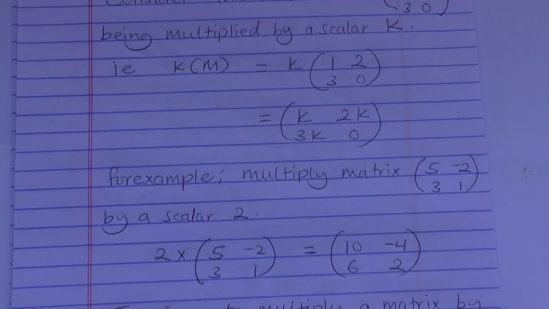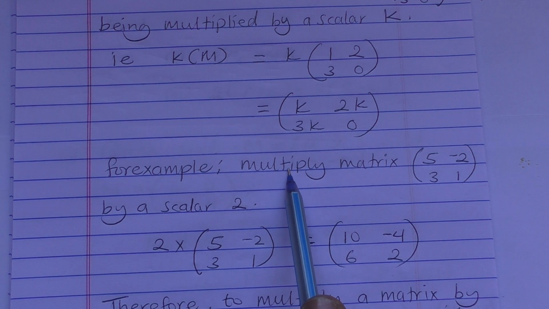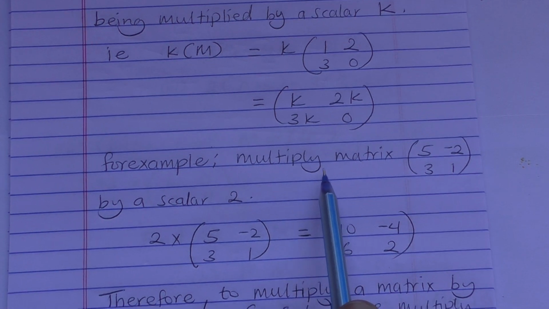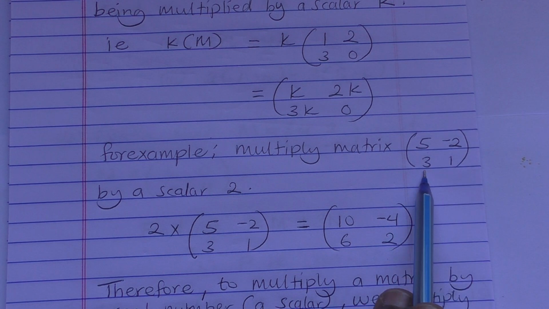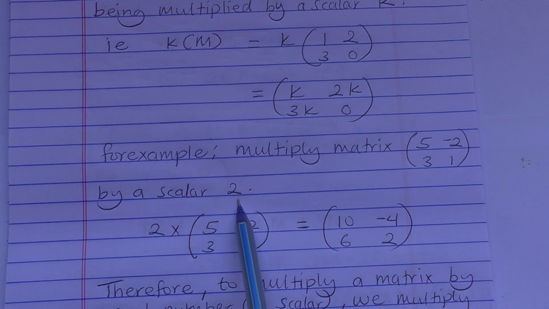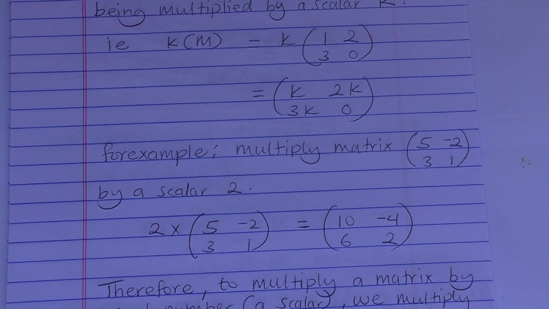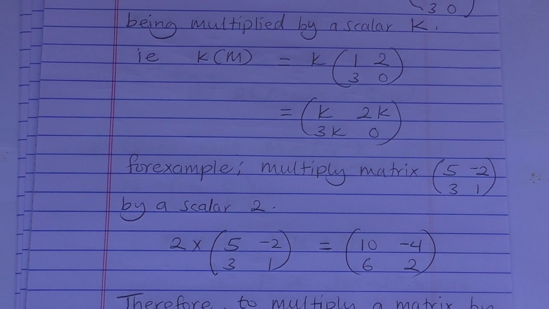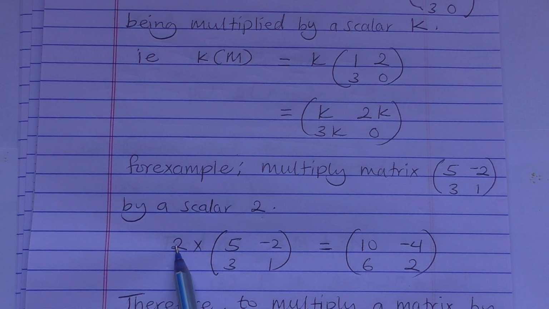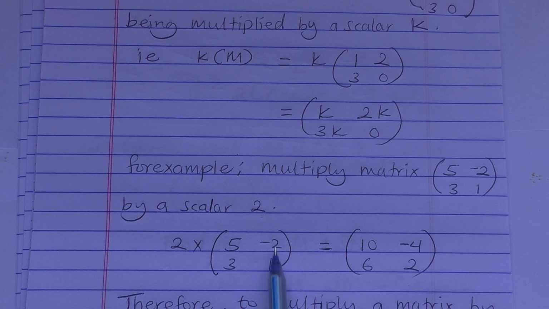So, for instance, we are going to multiply now matrix 5, negative 2, 3, 1 by a scalar 2. As we've seen that a scalar multiplies each element, therefore the 2, which is our scalar in this case, will multiply each and every element of this matrix.